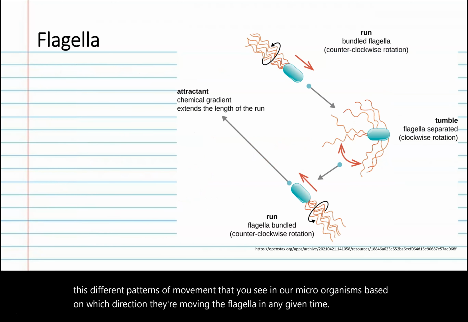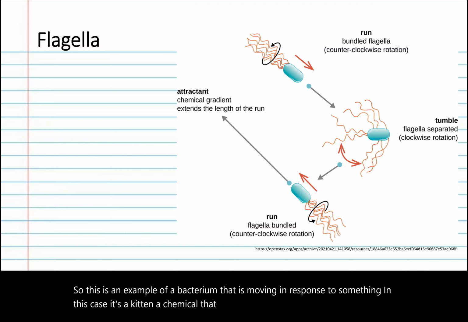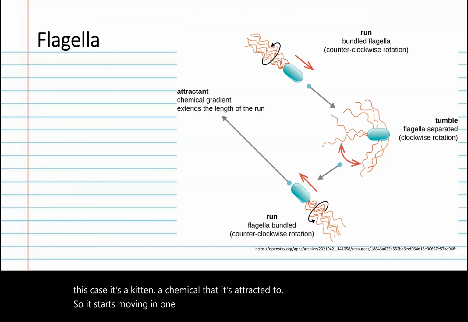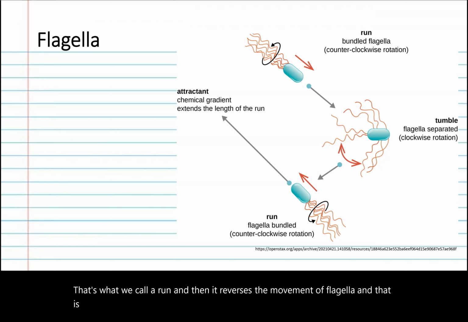So this is an example of a bacterium that is moving in response to something. In this case, it's a chemical that it's attracted to. So it starts moving in one direction using those flagella to propel it forward. That's what we call a run. And then it reverses the movement of the flagella, and that is a tumble.